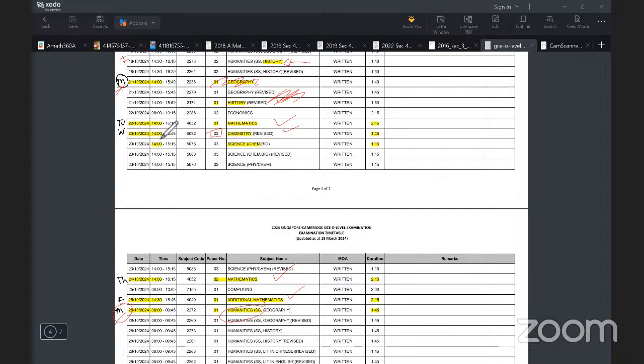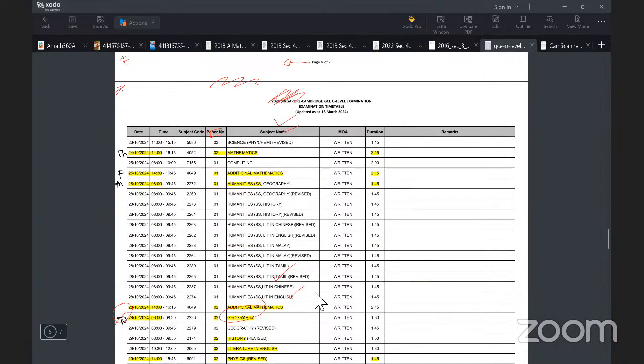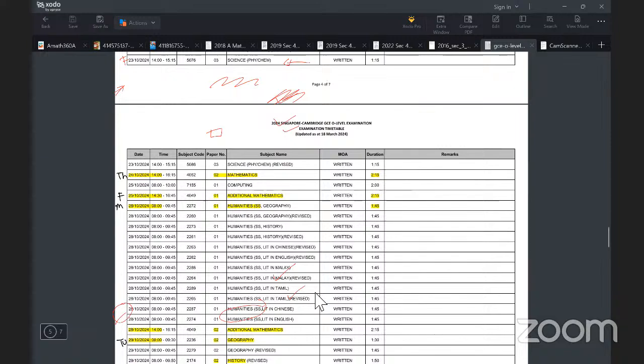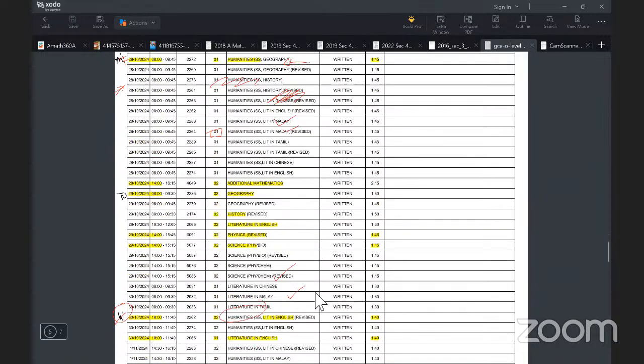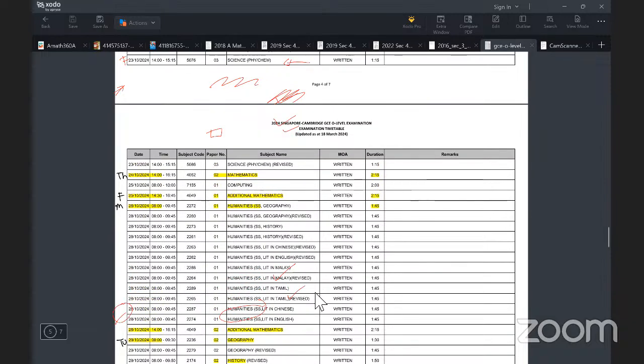Now let me show you where A math is. A math paper 1 is here on Friday, right? Correct. So I'm going to scroll. And where's the other A math? There you go. The other A math is exactly on Monday also. So the next Monday is not so good.